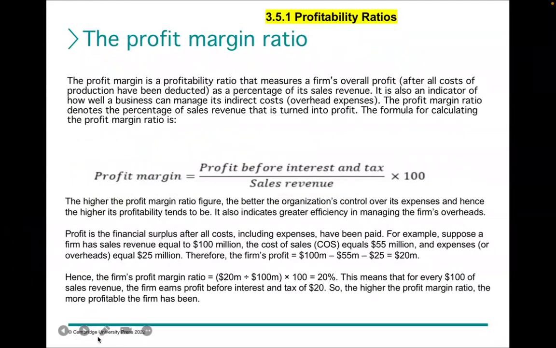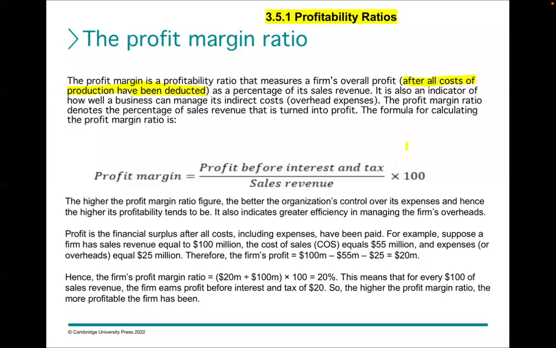Next, we have the profit margin ratio. The profit margin ratio measures the firm's overall profit after all costs of production have been deducted, as a percentage of its sales revenue.